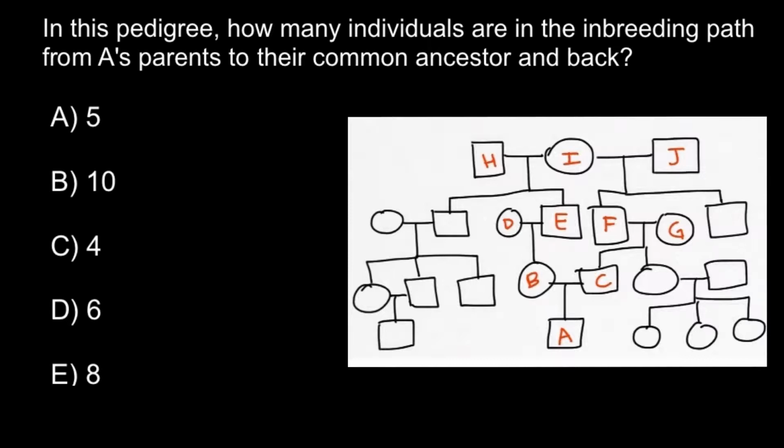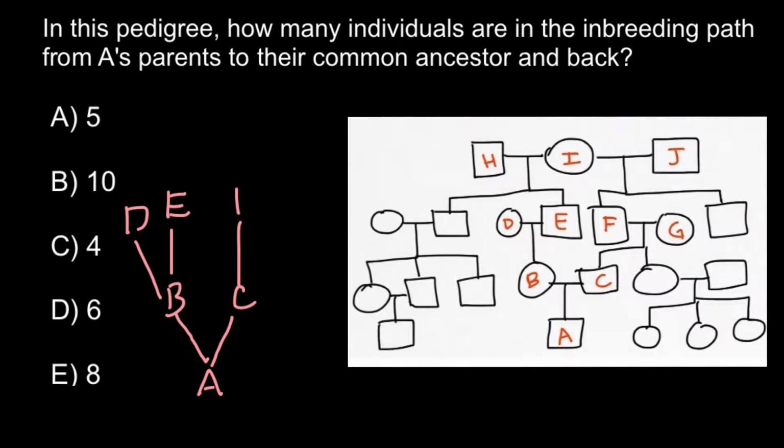So we start with individual A, and individual A has two parents, parent B and parent C. Parent B also has two parents, parent E and parent D. And parent C also has two parents: one is parent F, another is parent G.